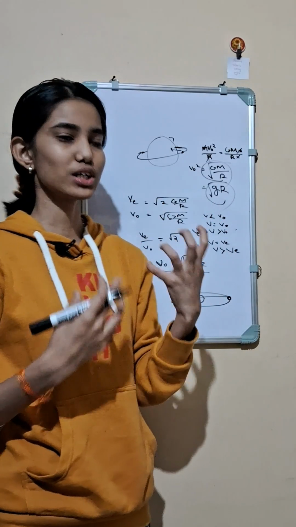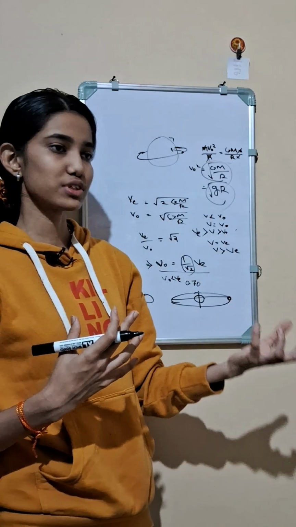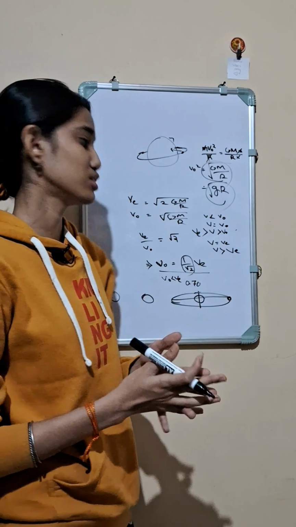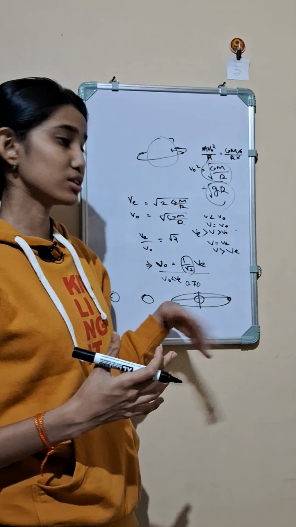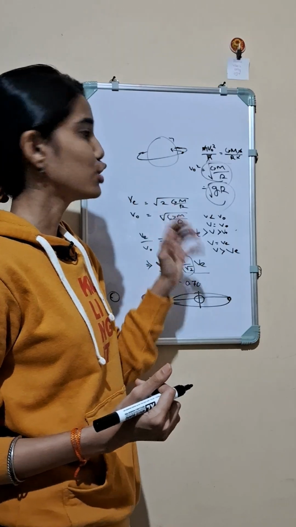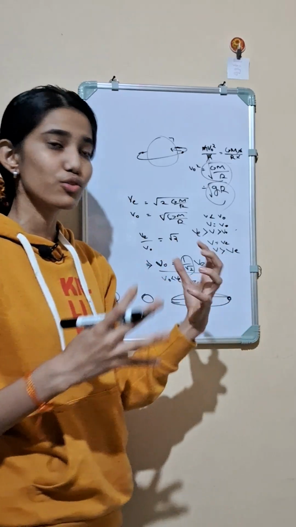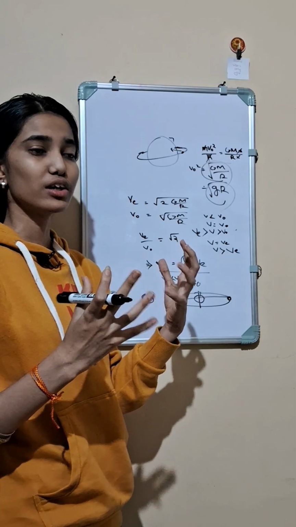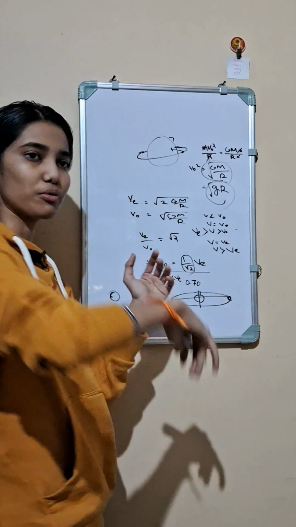You can understand it like this: when it is at a further distance from Sun, the gravitational force decreases, therefore the velocity decreases, but when it is nearer to Sun, the gravitational force increases, and due to the increase in gravitational force, the velocity increases. You can understand it by this concept, and we will talk about this while studying Kepler's law, and we'll understand how areal velocity is constant for planets orbiting Sun.